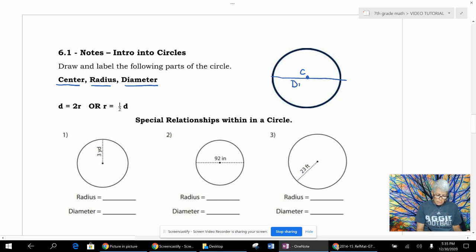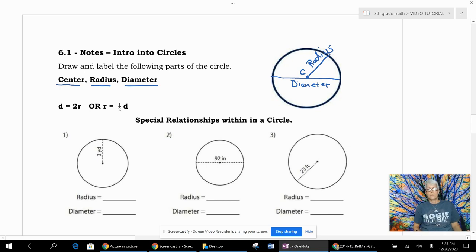This is my diameter. Whoops, I forgot the R on the word diameter, so I put it on there. Then I'm going to draw a line from the center out. It can go any direction I want it to go. So there's that. That is the radius.